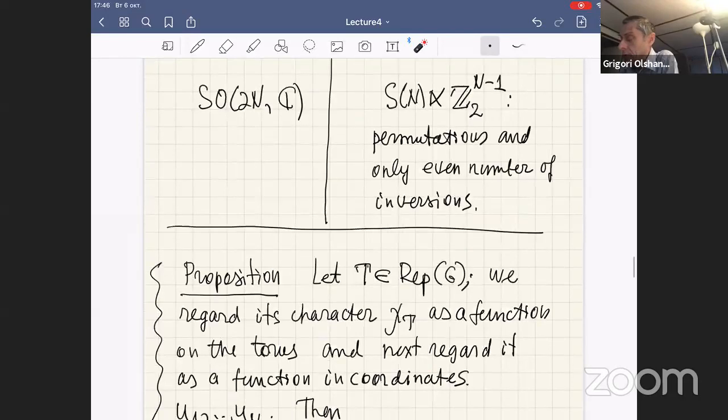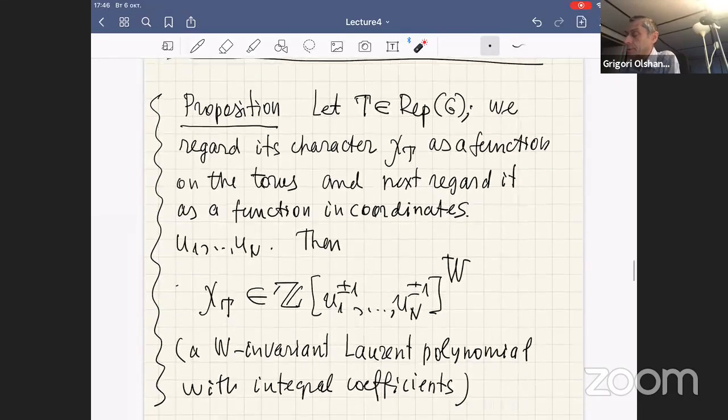So what next? A very important proposition says: assume that T is a representation of our class, a finite-dimensional representation which is complex analytic. Take its character and restrict it to the maximal torus of the type that I explained, and regard it as a function in coordinates u1, ..., un.